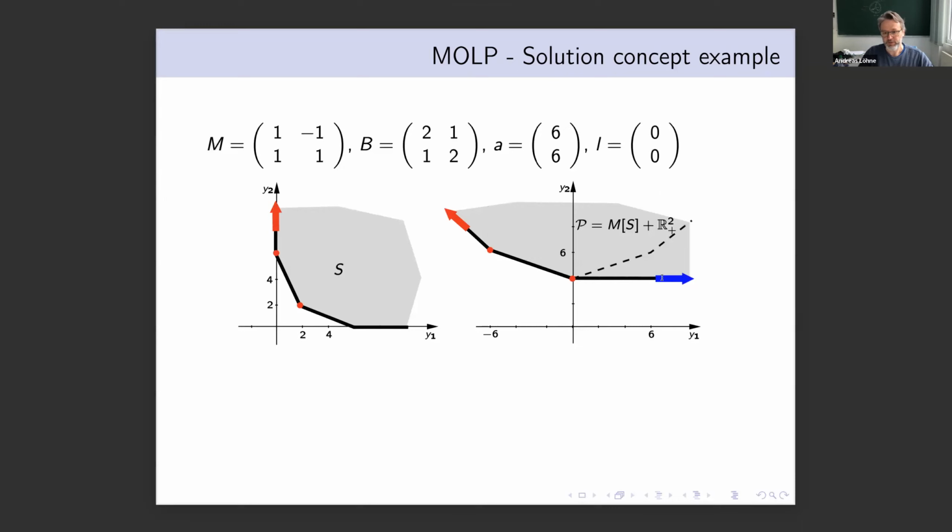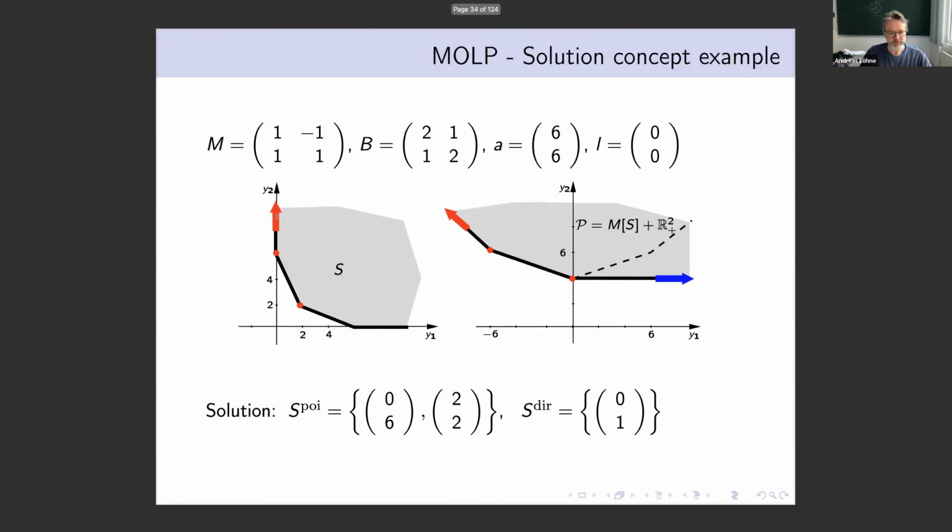This blue extremal direction is not interesting for us because it belongs to the ordering cone, and we don't need some corresponding direction in the feasible set. So that means a solution of this multiple objective linear program consists of two feasible points and one feasible direction. And our usual notation is here S poi for points and S dir for directions.